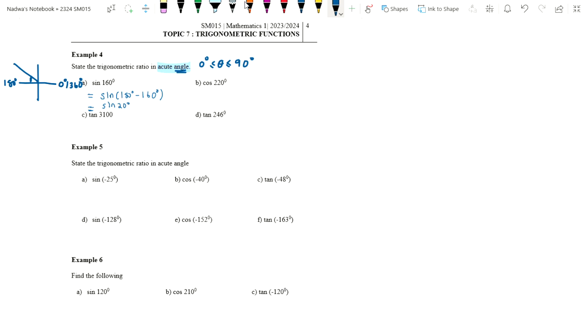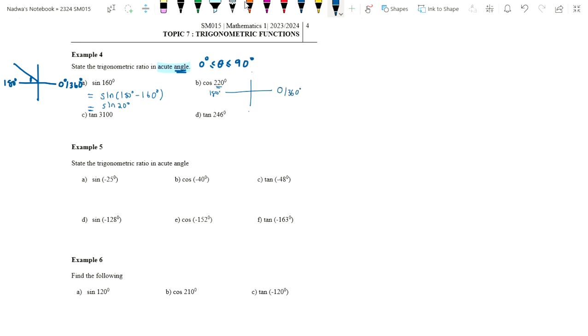Okay, let's try the second one. For this one, okay, let me draw first because we want to see what quadrant 220 degree lies in. So 220 degree lies in the 0, 90, 180, 270. This is 360.